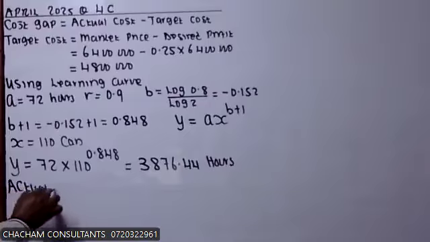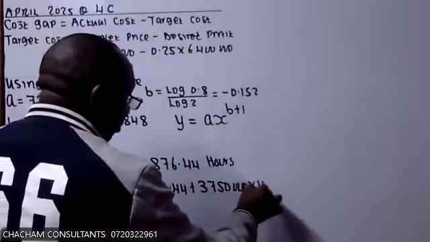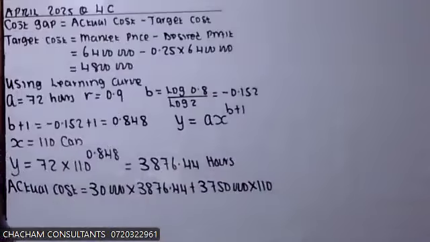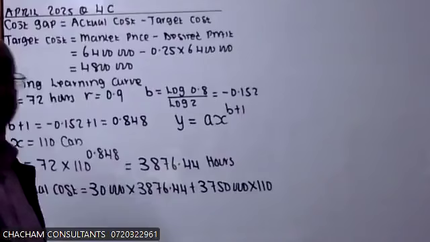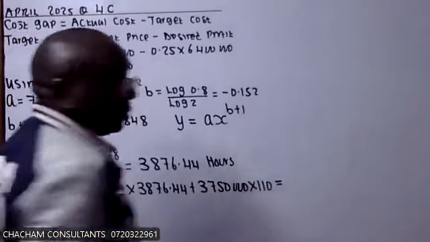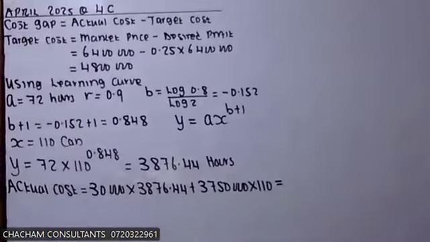So it is 30,000 times 3876.44, plus information 4 says materials will be 3,750,000 per car. So it will be 3,750,000 per car, times 110 cars. They have not mentioned any other cost element. So they are just two, labor and materials.